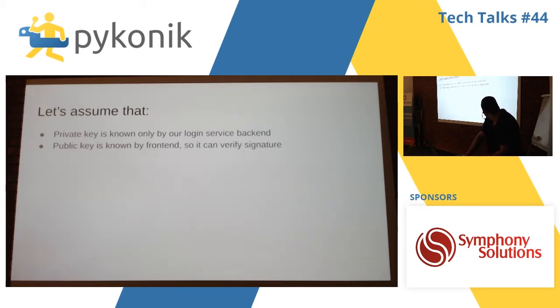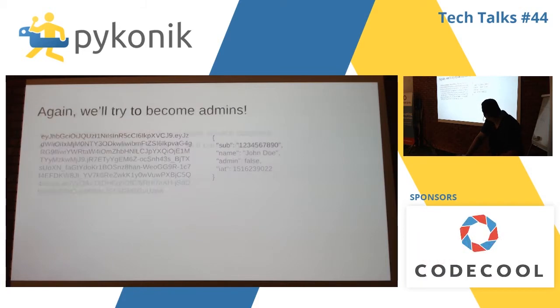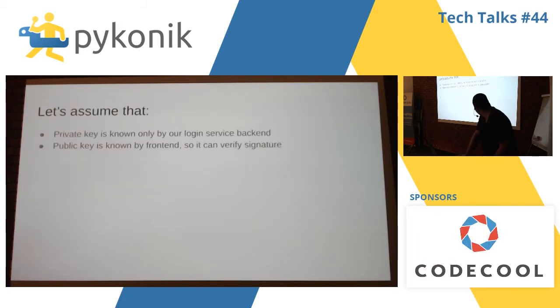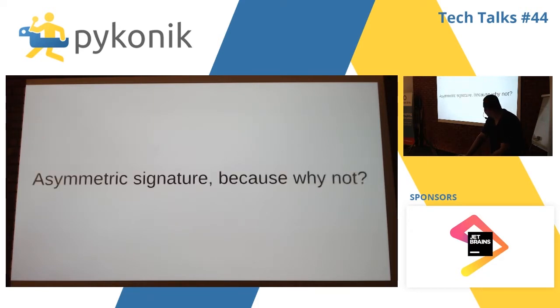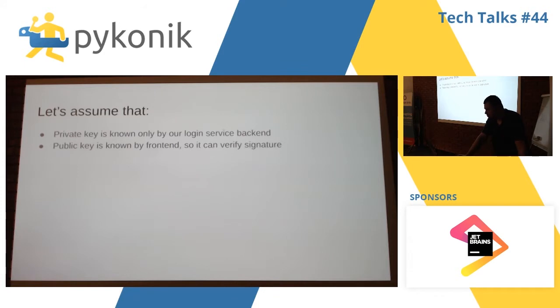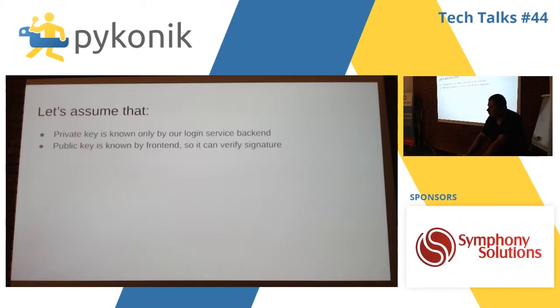So the public key is known by the frontend. We are assuming that the private key is not known by the frontend, only by the application inside, but the public key is known, so it can verify the signature, so it can reject on the user side if the signature is wrong. Convenient, there is no request needed for signature verification.